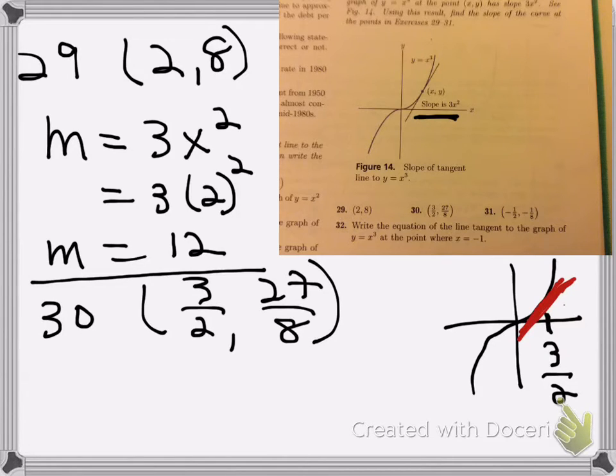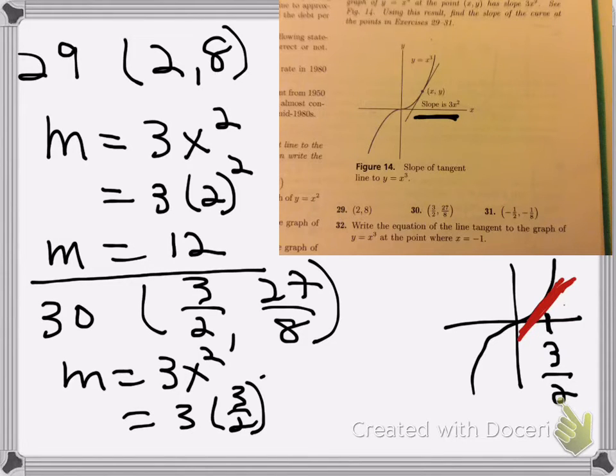If I'm given my point, then I know that for the cubic function, slope is going to equal 3x squared. Put in your 3/2 where you have your x and square that. So that's 9/4 times 3, and 3 times 9/4 is 27/4. So my slope in that situation would be 27/4.